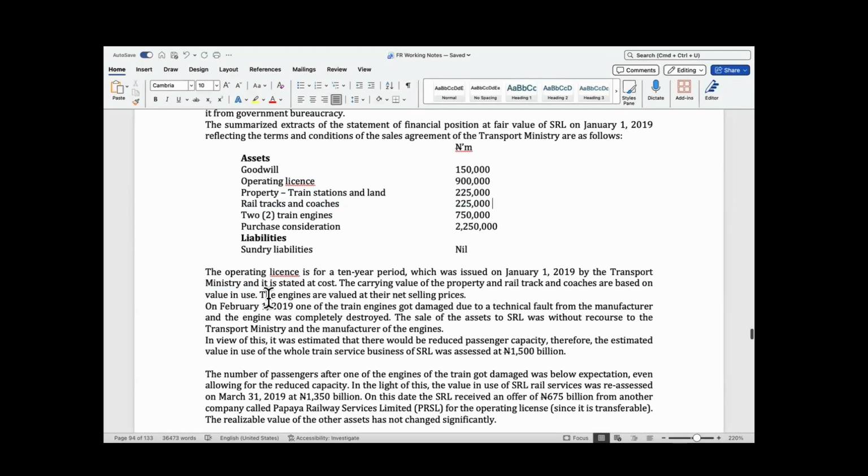Also, we're told that the engines are valued at their net selling prices. So they had two train engines, and they are valued at their net selling prices.